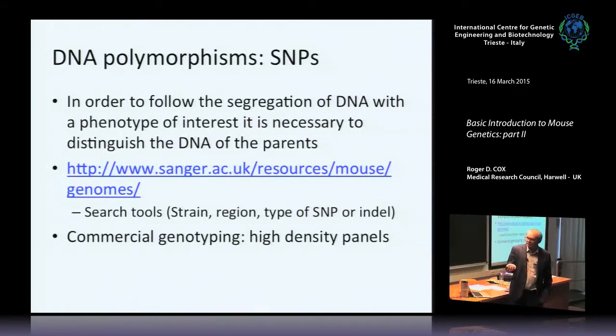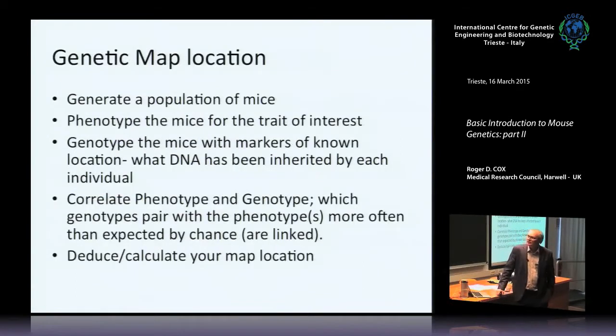It might be cheaper for you, in fact, to send your DNA away in a microtiter plate and get it genotyped commercially, rather than set up all the technology needed to do this. It's much easier and probably cheaper, if you counted all the other costs, to send these things away. So if you want a genetic map location, you need to have 2 populations of mice that differ in phenotype and genotype.